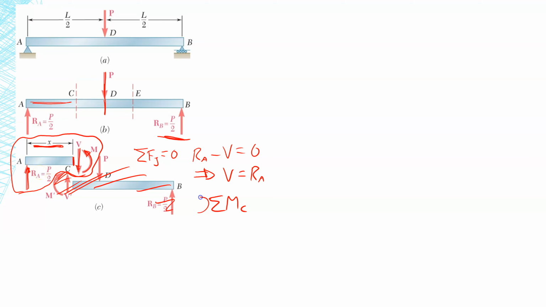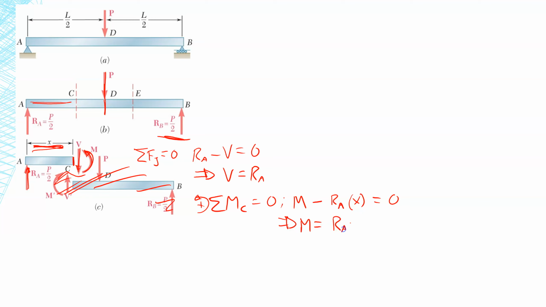If counterclockwise is positive, we've got the moment M applied at C, so that's going to be M. And then coming in the other direction, RA is going to rotate this around this way, so we'll have negative RA, and the distance of that is going to be X. This distance X. And that's going to be equal to 0, and therefore M is equal to RA times X.